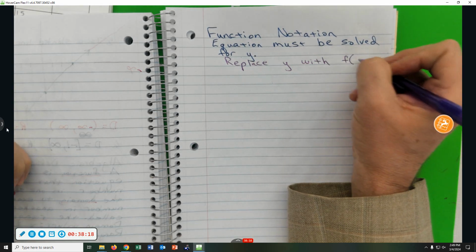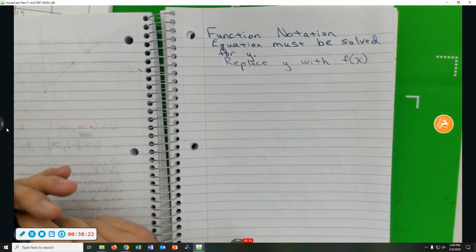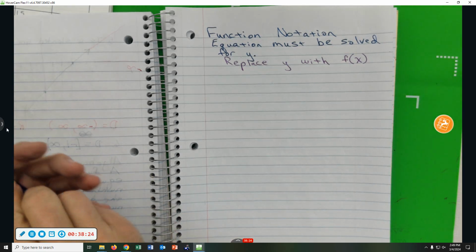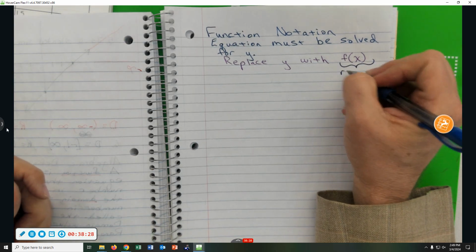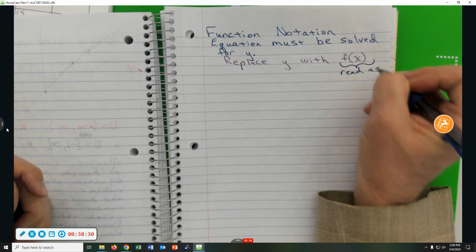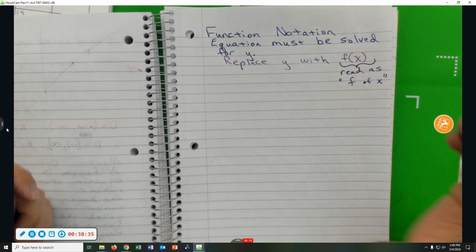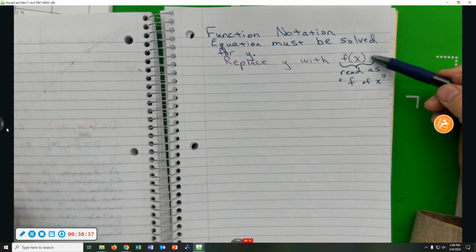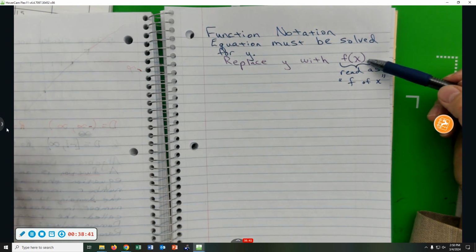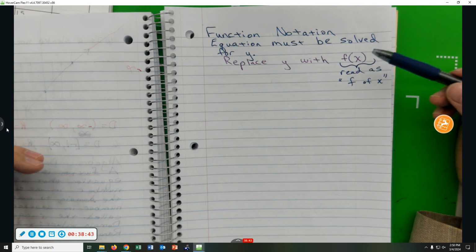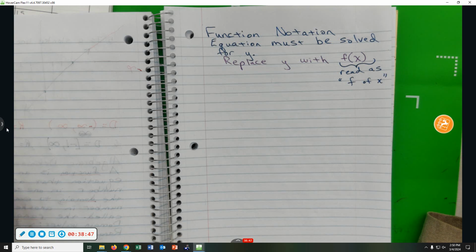F left parentheses, x right parentheses. That's not f times x. That's read as f of x or function of x. When you see this notation appearing in an equation, that's telling you it is definitely a function. That means each x value can create one and only one y value.